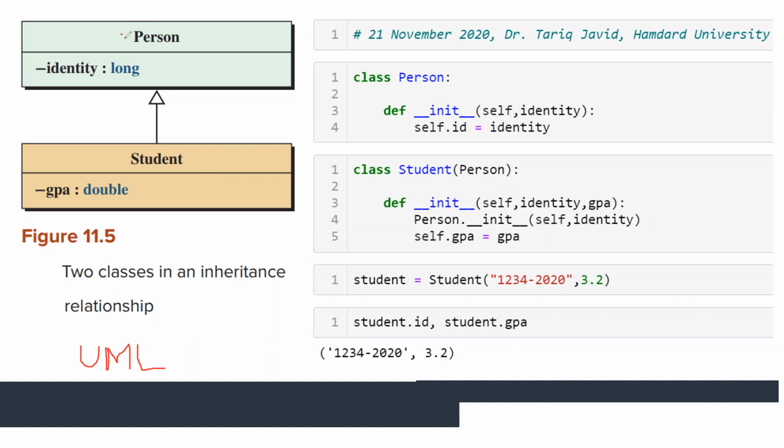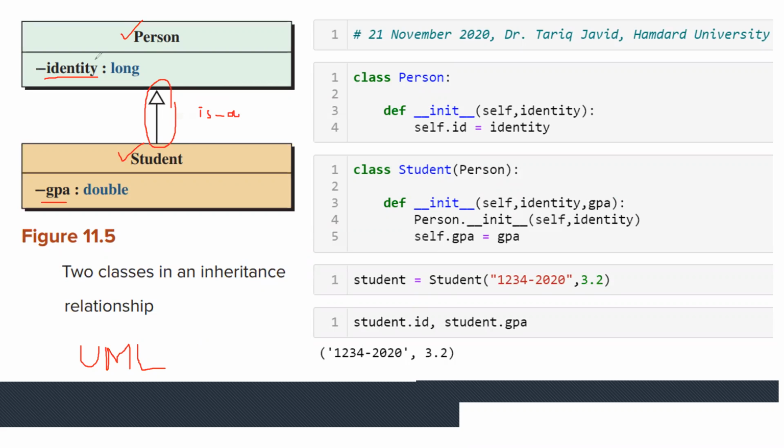One class name is person with an attribute identity, and another class, student, with an attribute GPA. And these classes are linked together in this form. Student is a person.